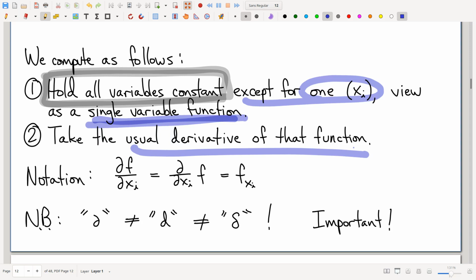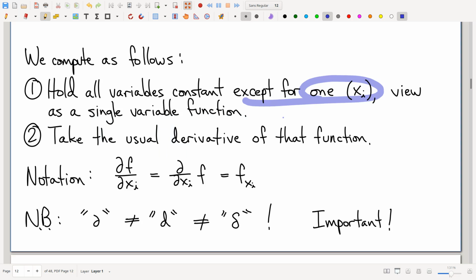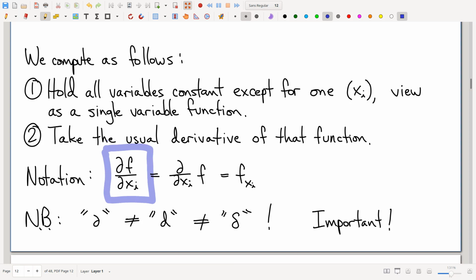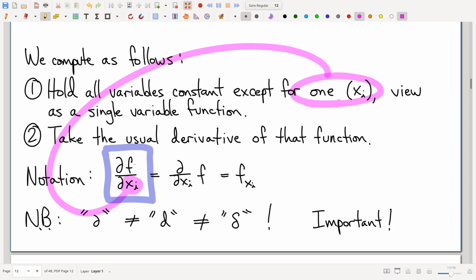So all of that said, what do we interpret from this notation? How do we interpret partial derivatives? Here's how we write them down. Various different notational options. This is kind of the easiest one to start with. It looks pretty familiar, right? It kind of looks like dy dx, roughly. Not exactly, but roughly. Whichever variable is the one that you have left as a variable, that's the one that you put in the denominator.